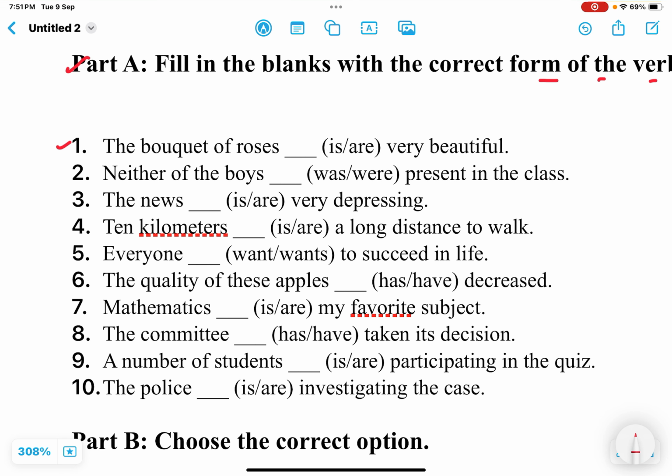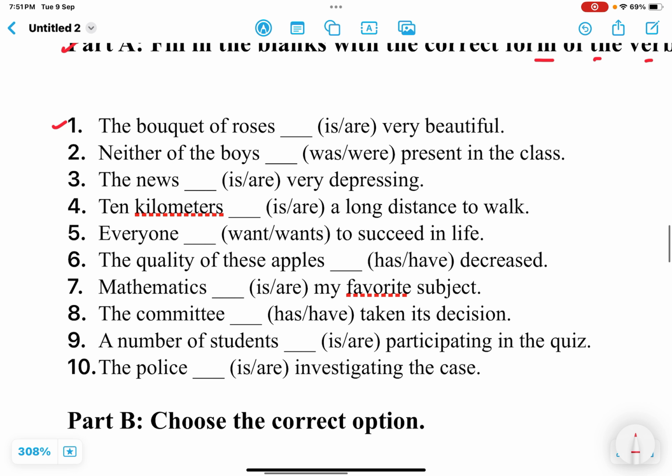Okay, now this will be more clear with the help of these sentences. See the first question. The bouquet of roses dash very beautiful. First of all read the sentence very carefully. The sentence is talking about a bouquet of roses. So many roses are there, but they have been tied in one band, so it is creating a single bouquet.